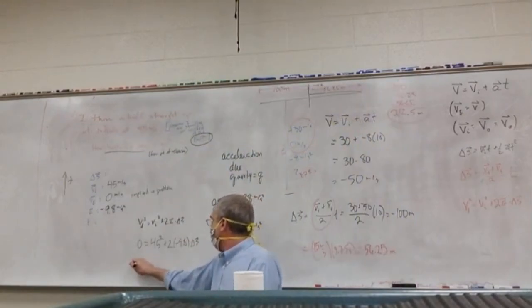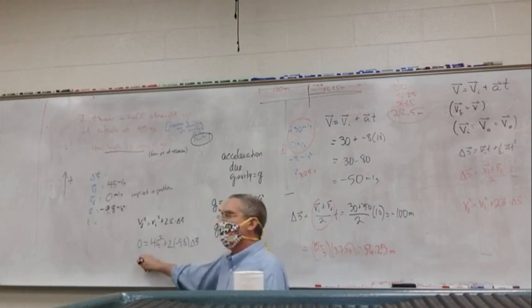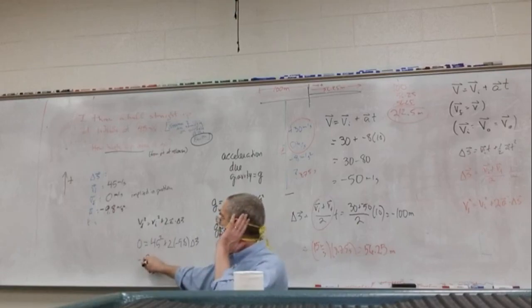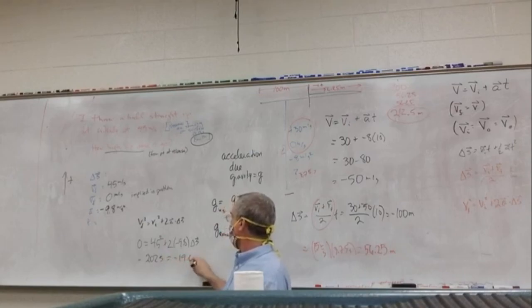I had to pick a number that I can't square in my head. 45 squared is 2025, not negative. When I take it over to the left side, it becomes negative. Negative 2025 equals negative 19.6 times delta s.